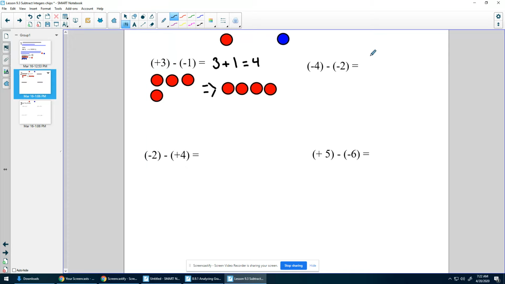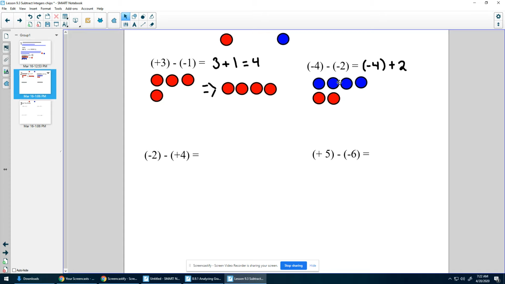Same idea. Starting at negative 4, we're going to add the opposite. Now showing that with our integer chips, negative 4, and we're going to add 2.